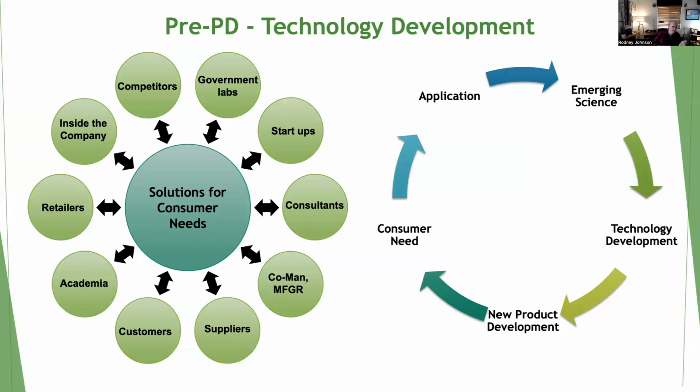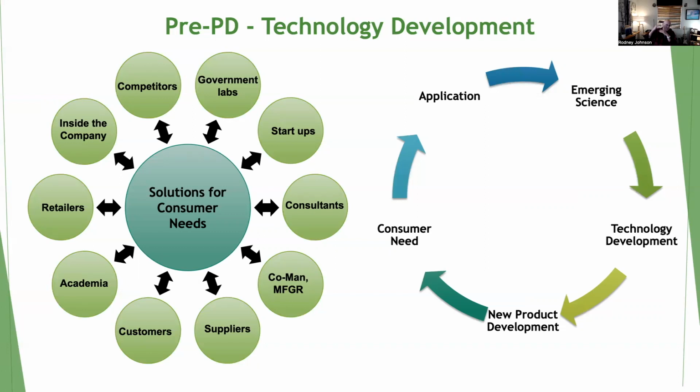Typically these are some of the sources where you find new technologies or new ideas that can help address a consumer need. Everywhere from inside the company to a contract manufacturer, to your own customers, startups, academia. These are all typically who you may want to engage with to bring in new technologies and new ideas that can address that consumer need.